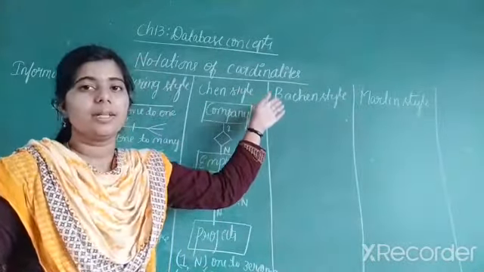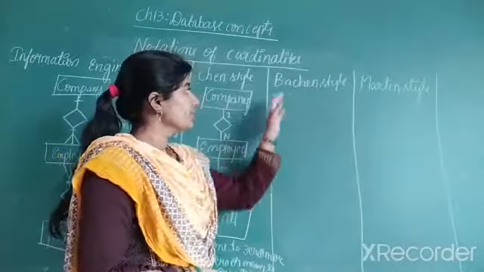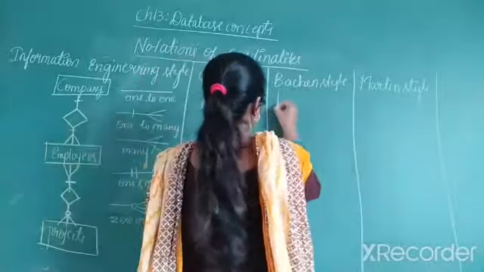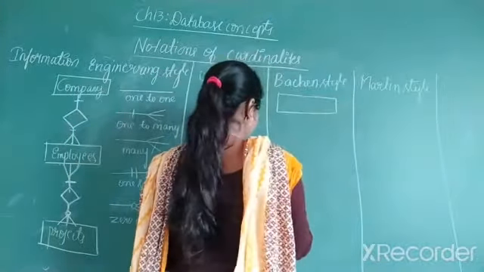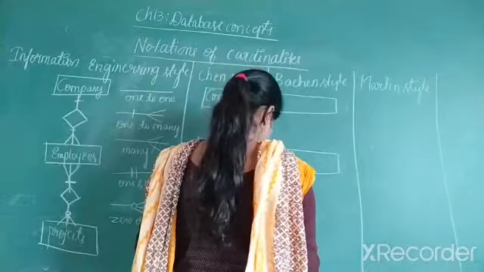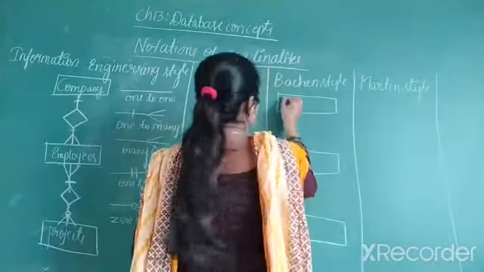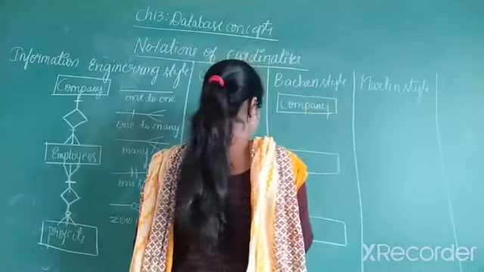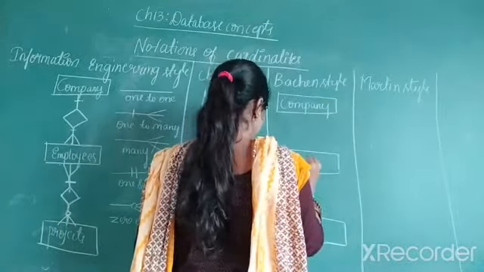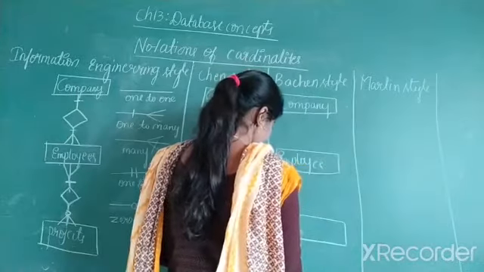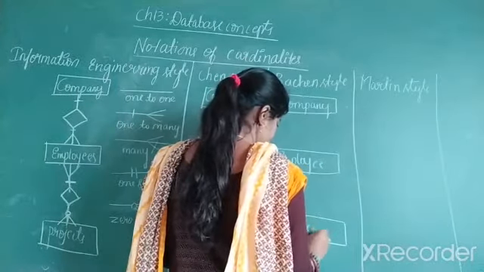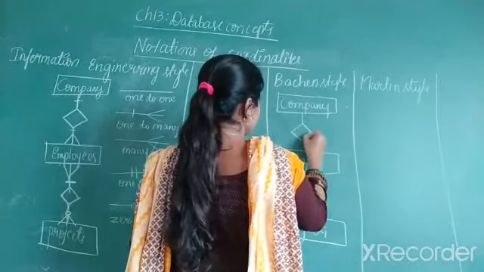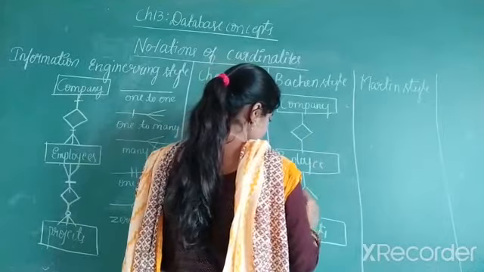So next we are going to discuss about Bachman style of cardinality notation. In this, consider the three same entities what we considered in the previous. The first one is company, and the second one is employees, and third one is projects. Under this we are going to represent the relation between the entities like this.